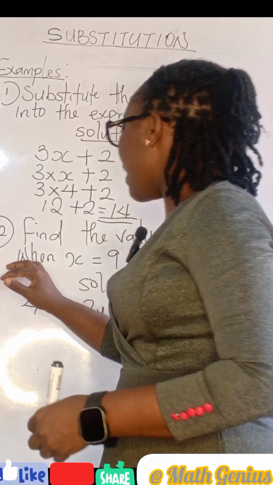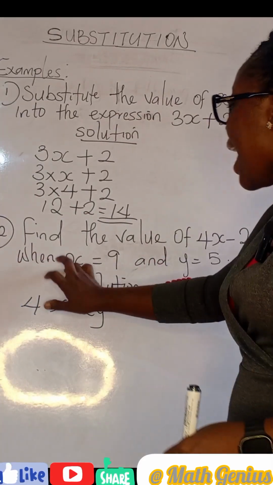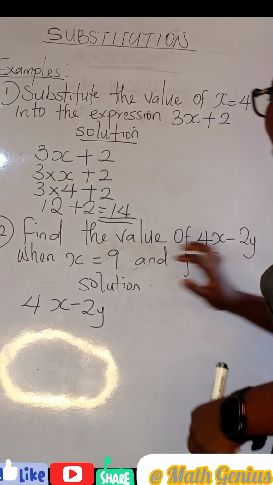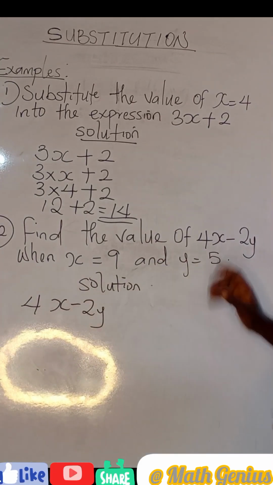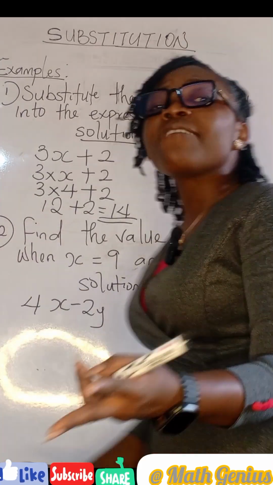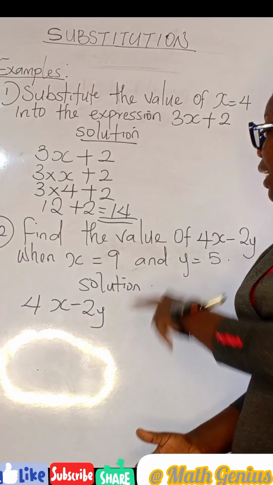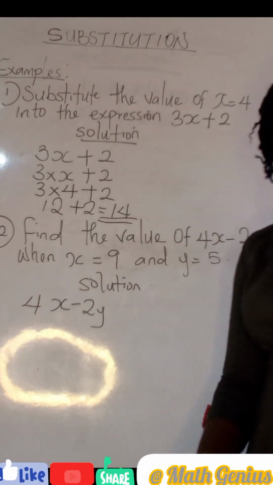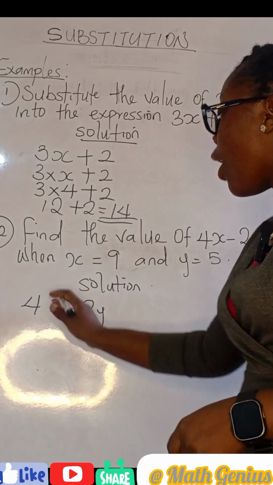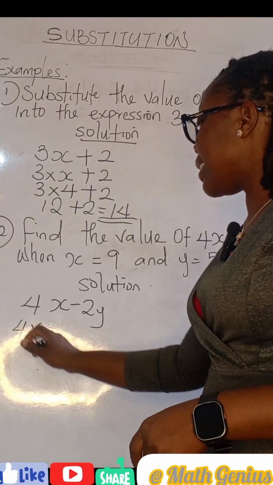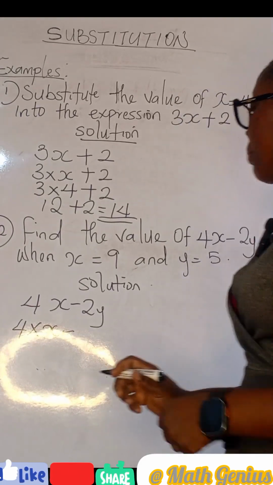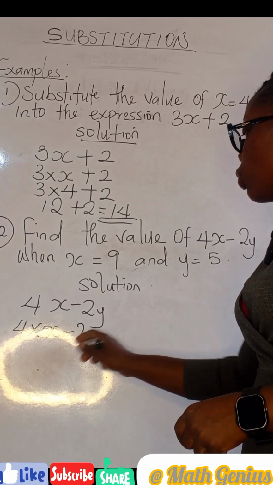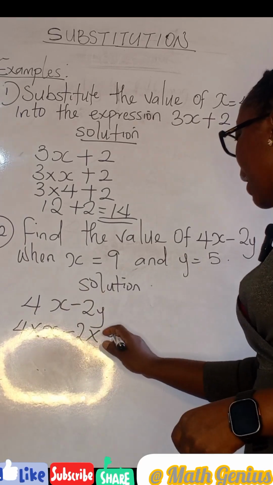But in this particular case, they specified x to be equal to 9, y to be equal to 5. It therefore means that wherever I see x, I will put in 9, and wherever I see y, I will put in 5. 4x means 4 times x, minus 2y means 2 times y.